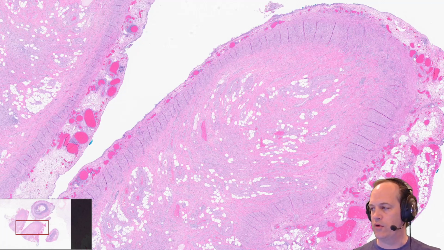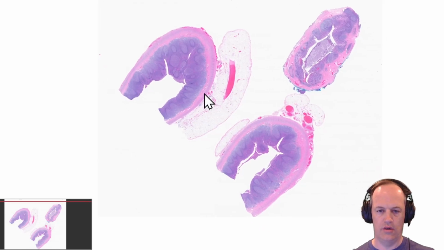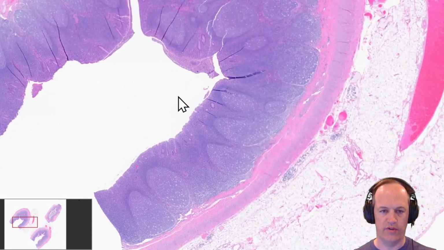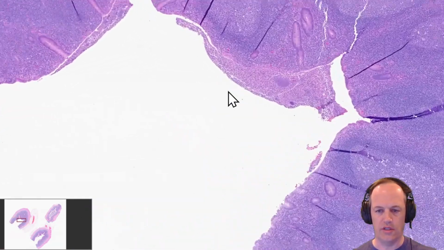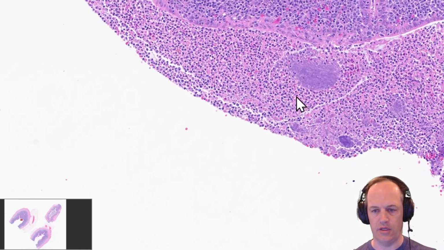So we've talked a little bit about appendicitis and how we want to see neutrophils in the mucosa. We want to see neutrophils throughout into the muscular wall. But what happens when we don't see that? So here's an example of an appendix where the tip looks fairly normal, but you can see there's something sitting on top of the mucosa. You can see this exudate.